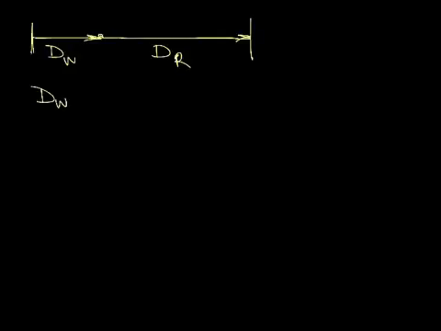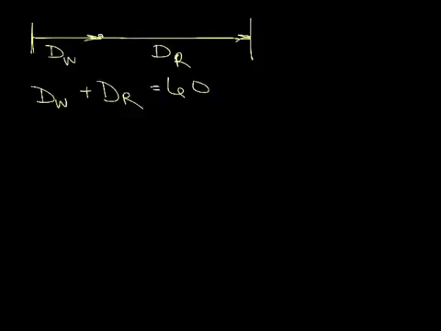So he walked for part of it, so the distance walked, and then he rode. So let's put a dot there. Then he hopped on his pony and rode the rest of the way. So that's the distance that he rode. And it says that the total distance that he went was 60 miles.